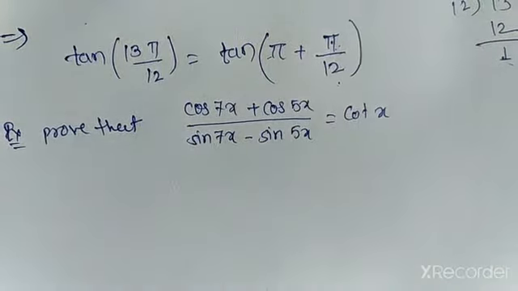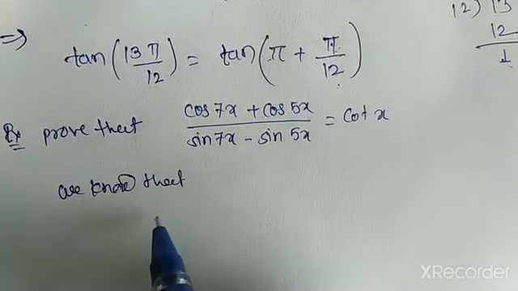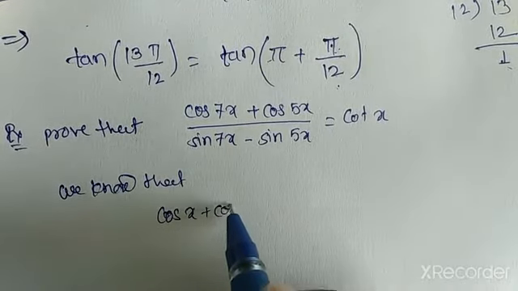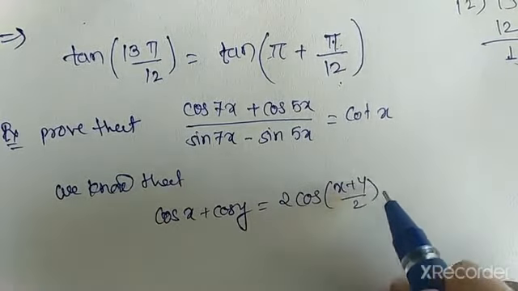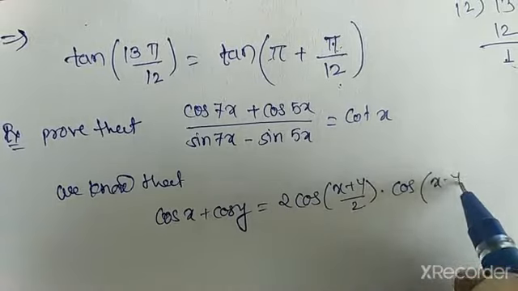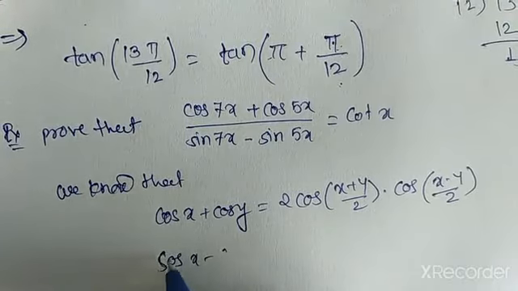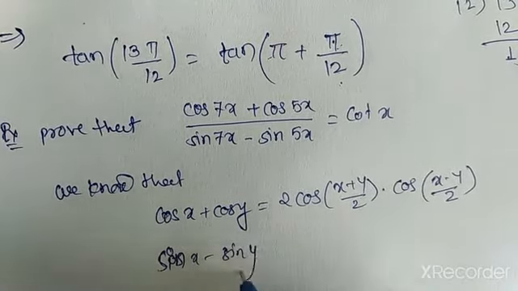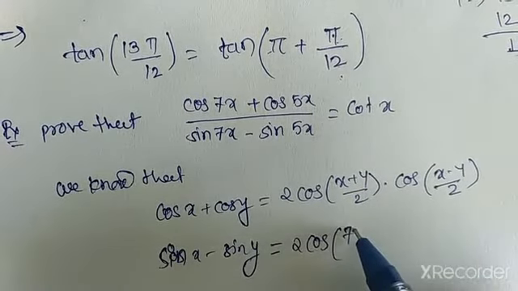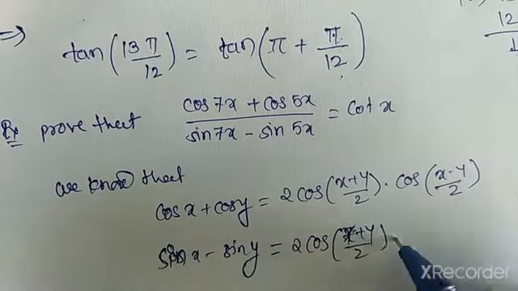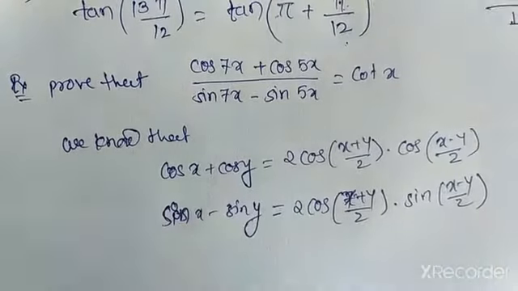As we know, cos x plus cos y is equal to twice cos of x plus y upon 2 into cos of x minus y upon 2, and sin x minus sin y is equal to twice cos of x plus y upon 2 into sin of x minus y upon 2. These are the formulas which we have known.